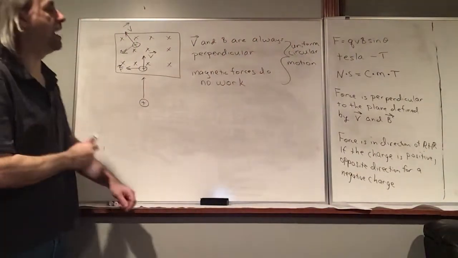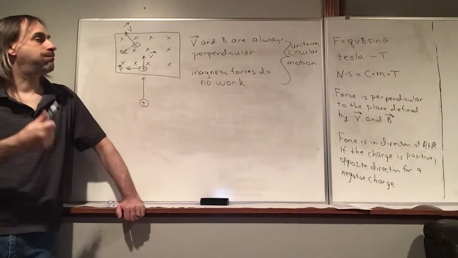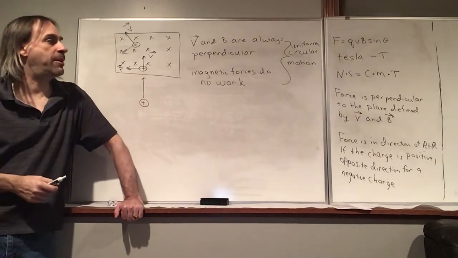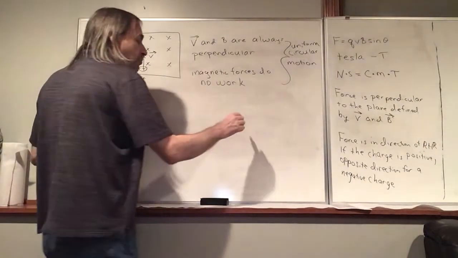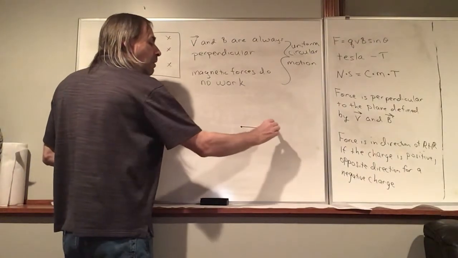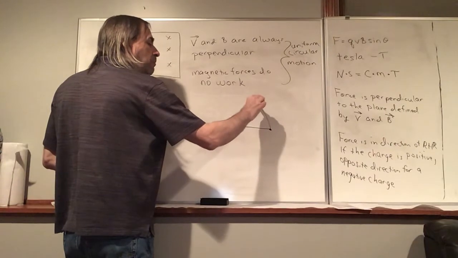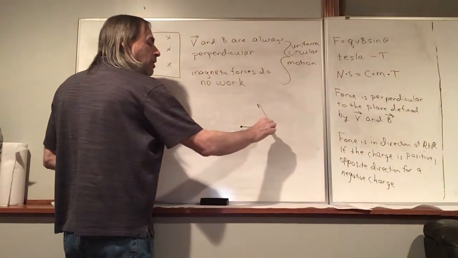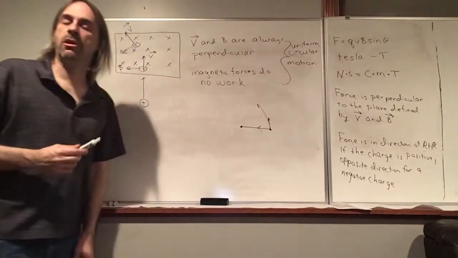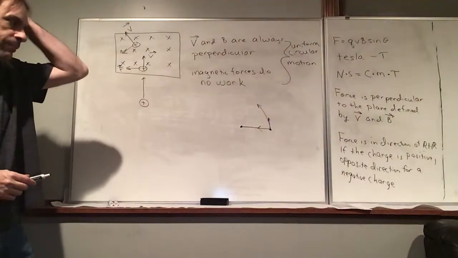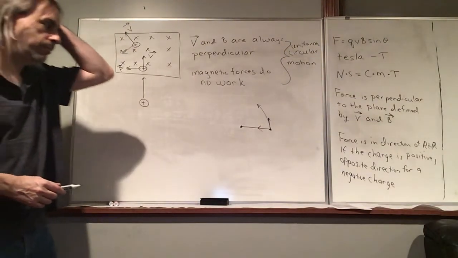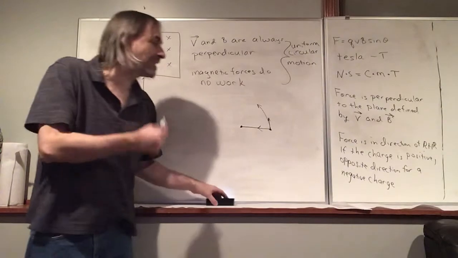If you picture a mass on a string moving in a circle, where this end is fixed, the force is always perpendicular to the direction that it's moving, and it's just moving at a constant speed.